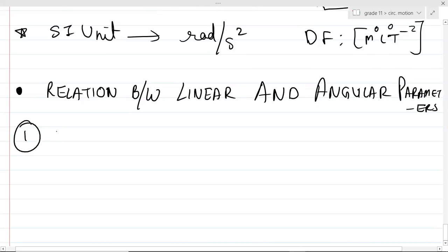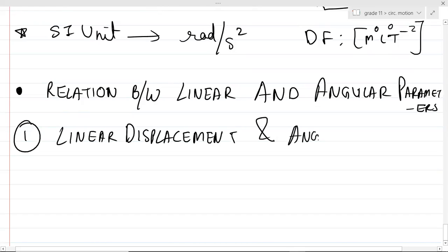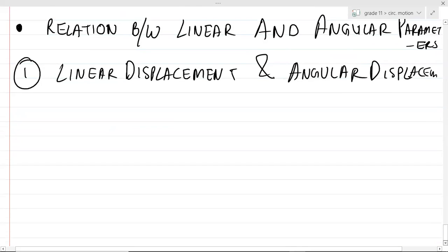Anyways, the first is the relation between linear displacement and angular displacement. So we'll talk about two different cases. We'll talk about one case when the angle is bigger, and one case when the angle is smaller.